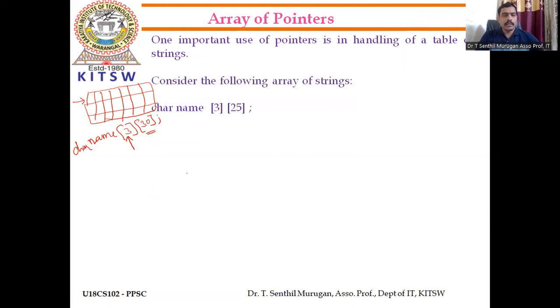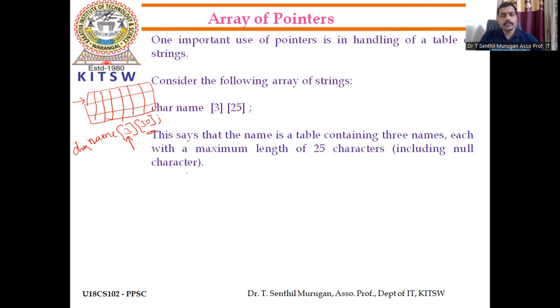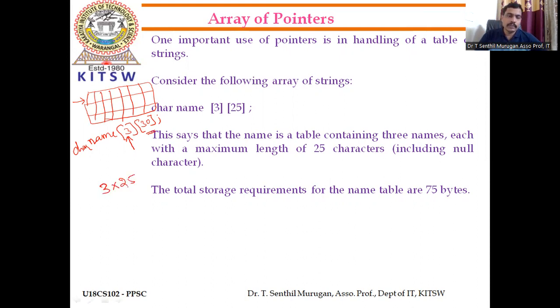Here, for example, name of 3 into 25 means 3 rows with 25 characters each. Including the null character, you have to consider it when declaring the characters. The total storage requirement for this name table is 75. How can we say that? So 3 null characters as well as 3 into 25, 3 rows and 25 columns. So 75 bytes we require to store these characters.